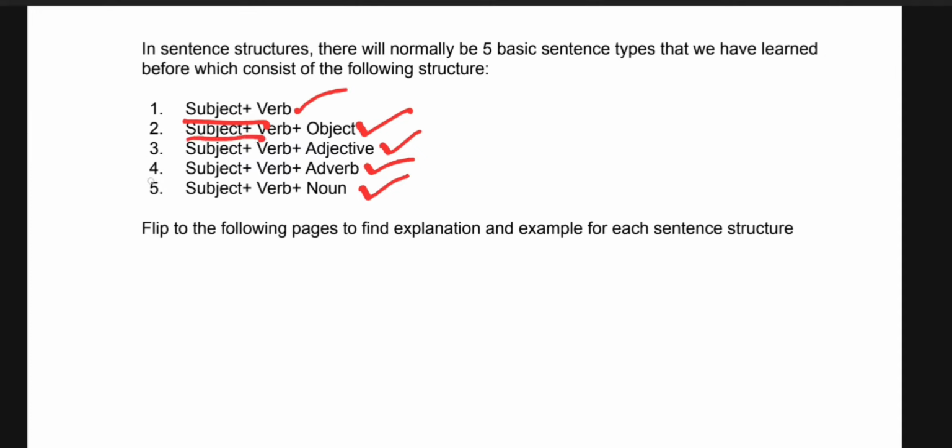Number 3, 4, and 5, I will put in another part 2 probably. Okay. So for today, we'll be focusing first on subject verb and subject plus verb plus object, just to not overwhelm you guys when it comes to writing sentences.